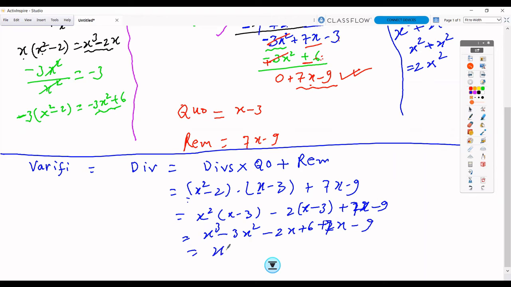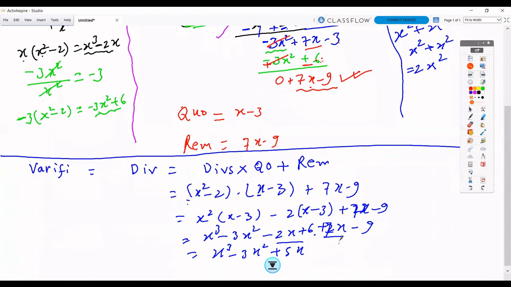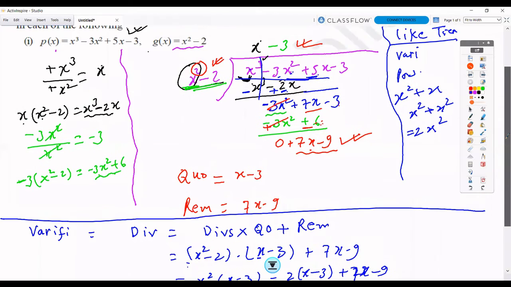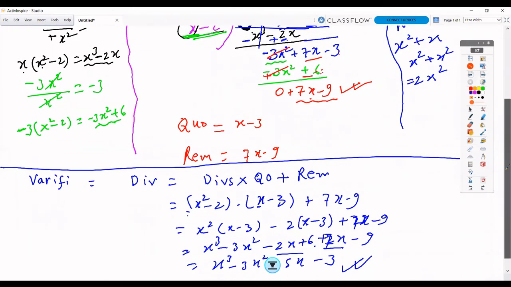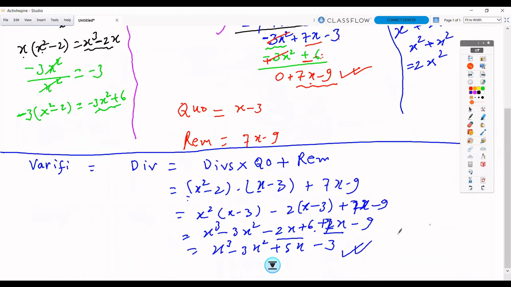This is going to be x cube minus 3x square, minus 2x plus 7x is plus 5x, and 6 minus 9 is minus 3. Now check, your dividend must be equal to this, x cube minus 3x square plus 5x minus 3.